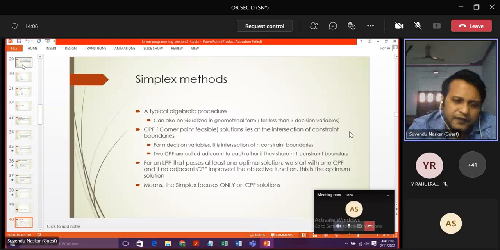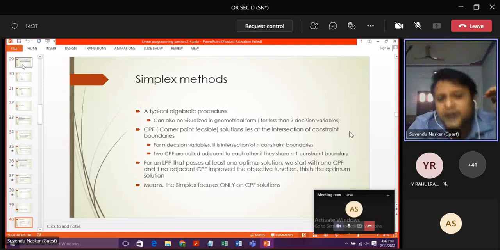Now, corner point feasible solutions are those points in the feasible solution space which are basically the intersecting points between two constraints in a two-dimensional problem space. In a multi-dimensional problem space, corner point feasible solutions are basically intersection points of n constraint boundaries.